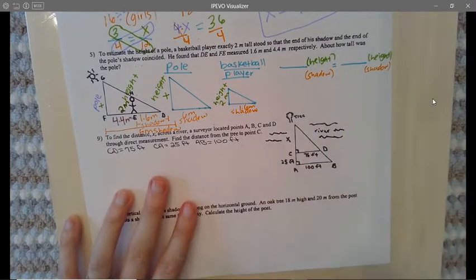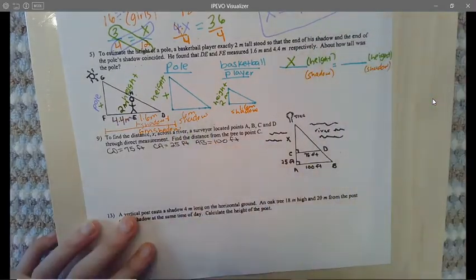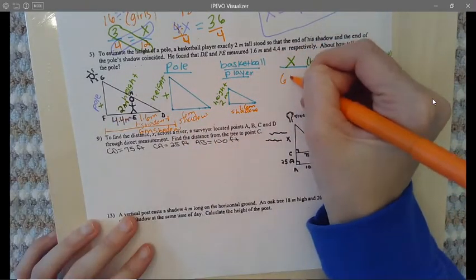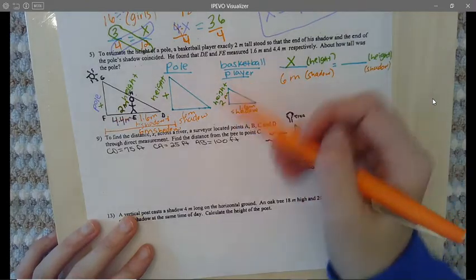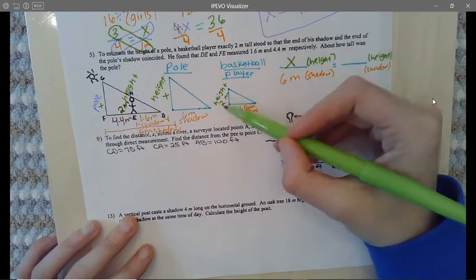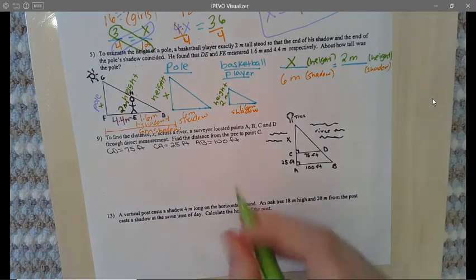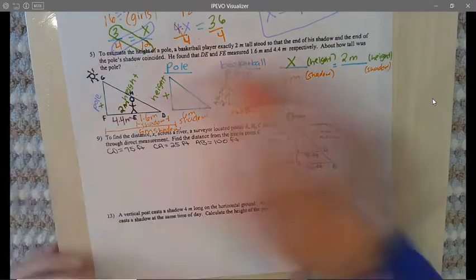I'm just going to start with the pole. So the height of the pole, I don't know, so I'm going to call it X. The shadow is 6 meters. Okay, and then the basketball player, we got to do that, or could be a girl, I don't know. Okay, the basketball player is 2 meters, so we have 2 meters for the height of the basketball player, and then we have 1.6 meters for the shadow.